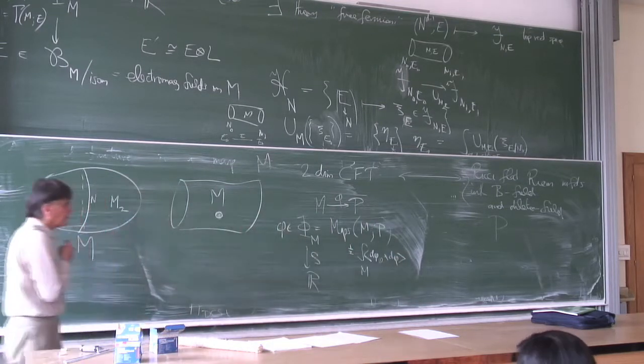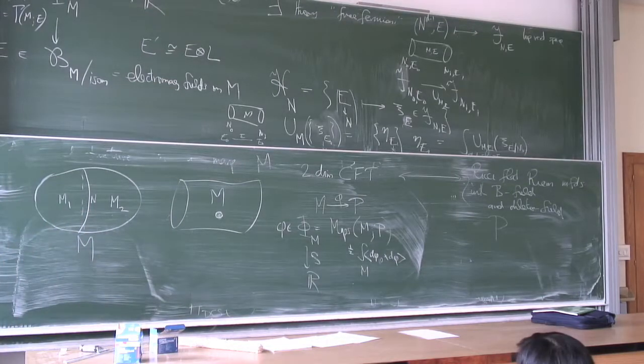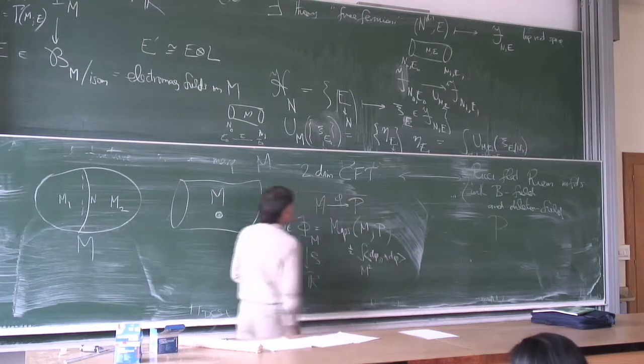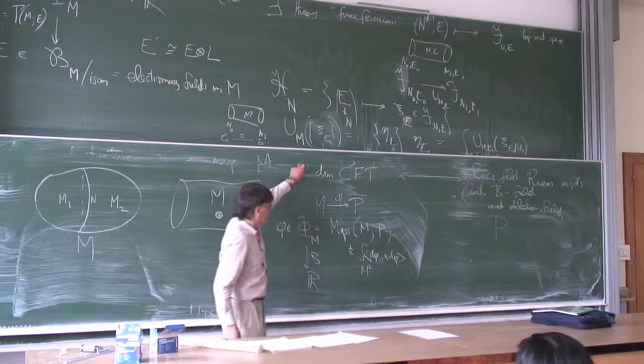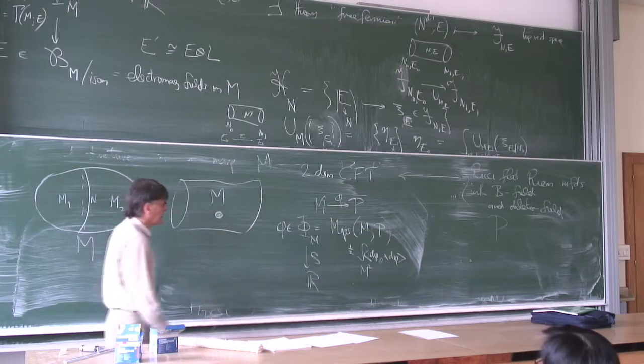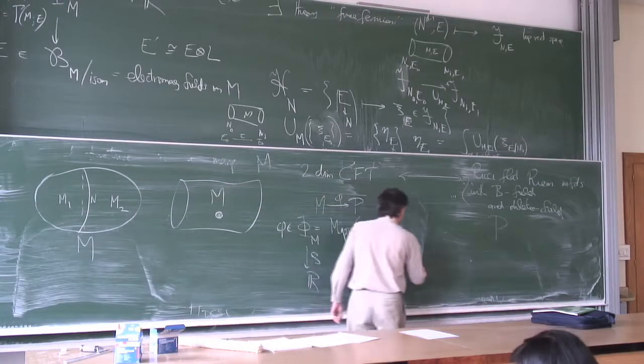That's a two-form, because this is meant to be a surface, the two-dimensional theory. These are two one-forms. That makes good sense. And we can add on the B field.